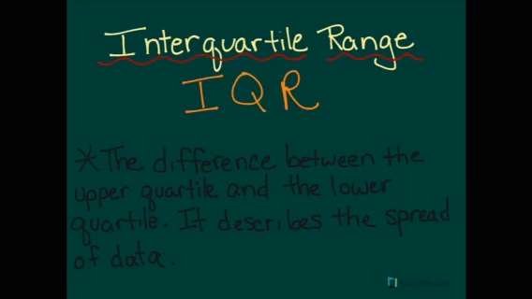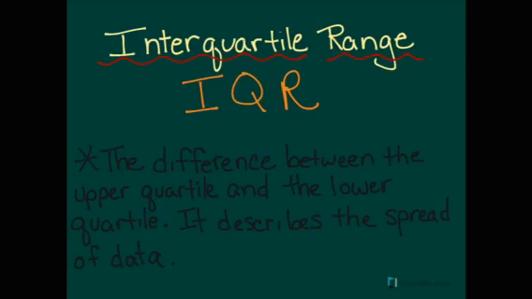The other thing you're going to see today is interquartile range, or IQR. Interquartile range is just a mouthful, so we call it IQR because that's a little easier to say. So that's the difference, subtraction, between the upper quartile and the lower quartile.